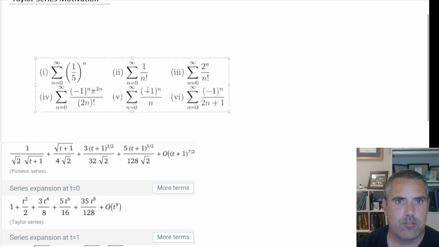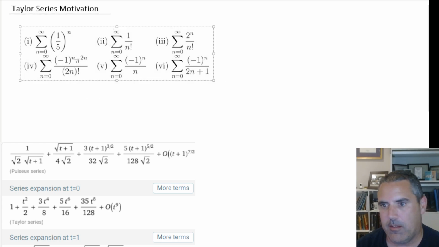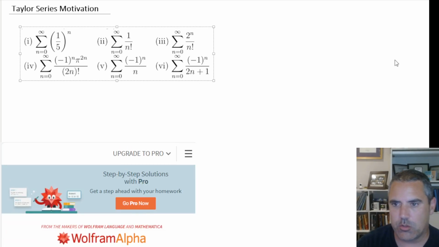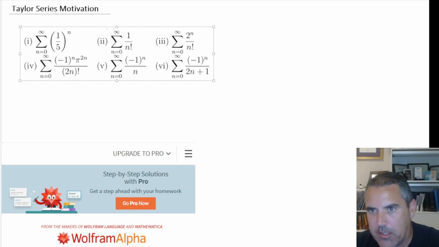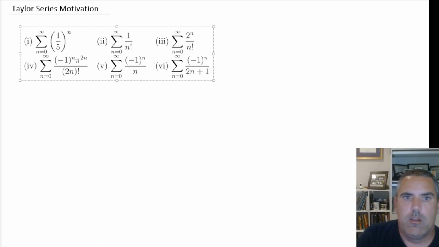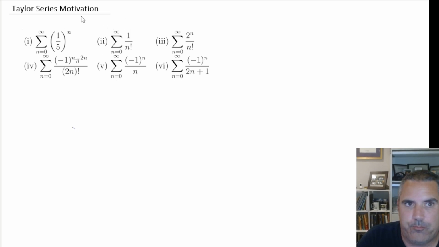This might be of less interest, but it can be used to evaluate infinite sums. So once we have, I'm going to shrink this back down just for a second, once we have a collection of known Taylor series, which we will have, and they're not that bad to find, we'll have the following.